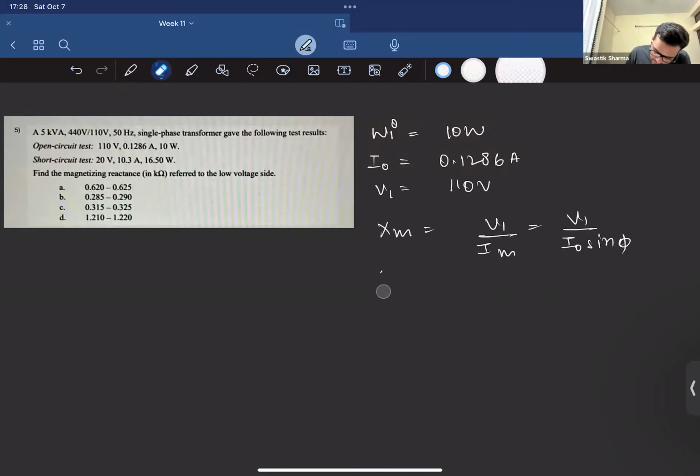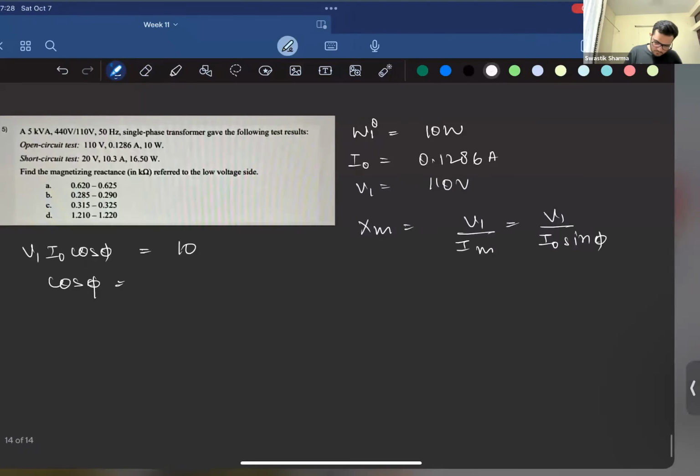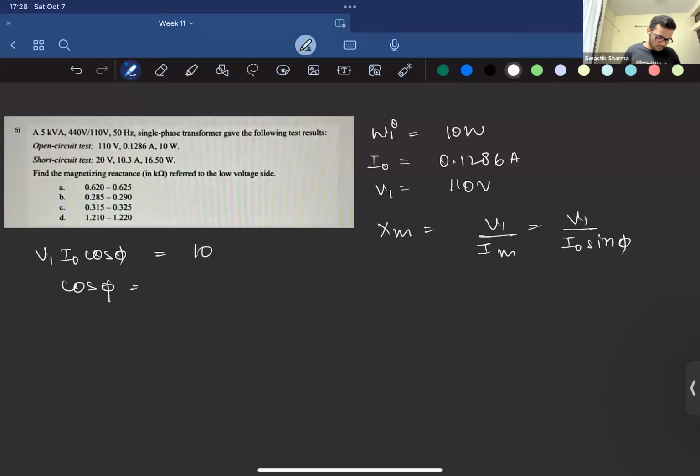So we need cos phi first. We know V1 I naught cos phi is equal to 10. So cos phi comes out to be 0.707. Sin phi naught will be 0.707, because it's 1 by root 2, right?